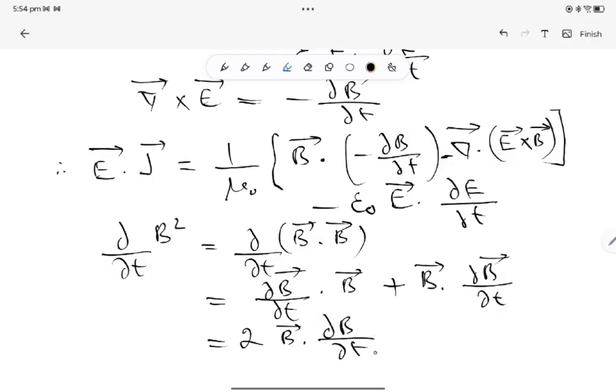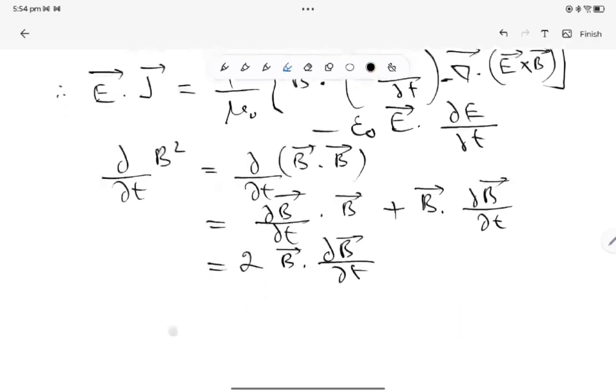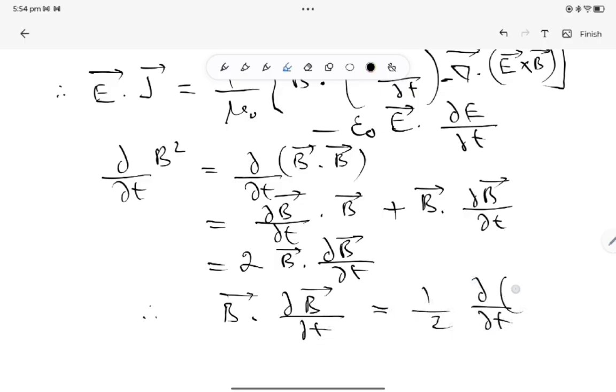So in place of B dot del B by del t that we have here, we can write B dot del B by del t can be expressed as 1 by 2 del by del t B square.